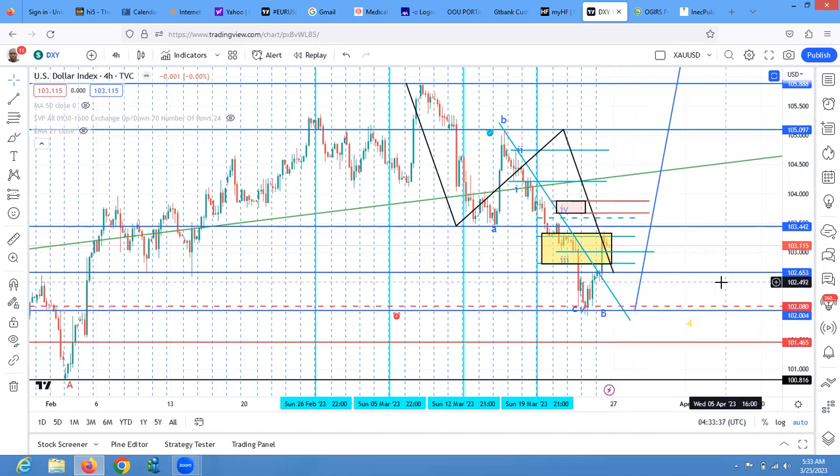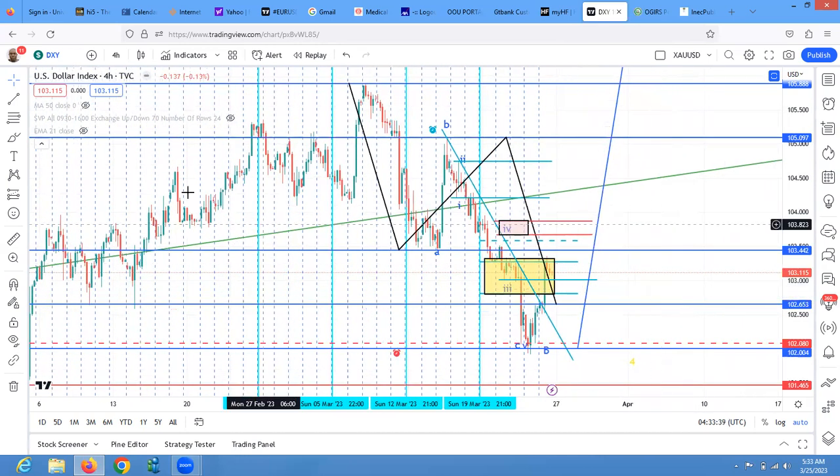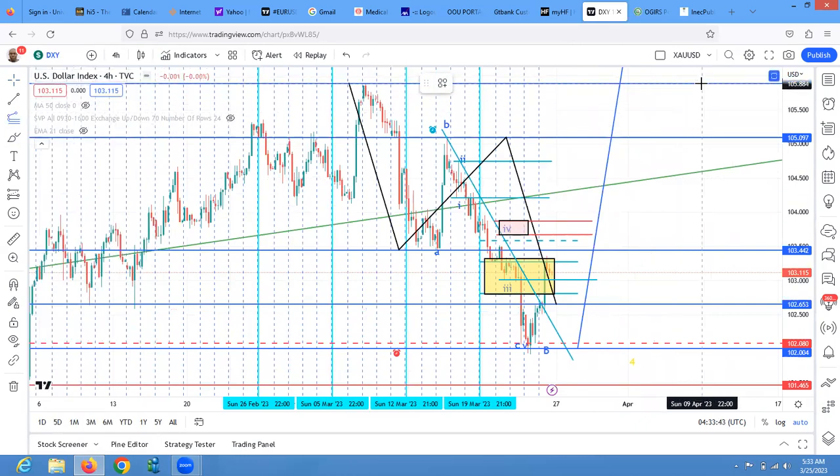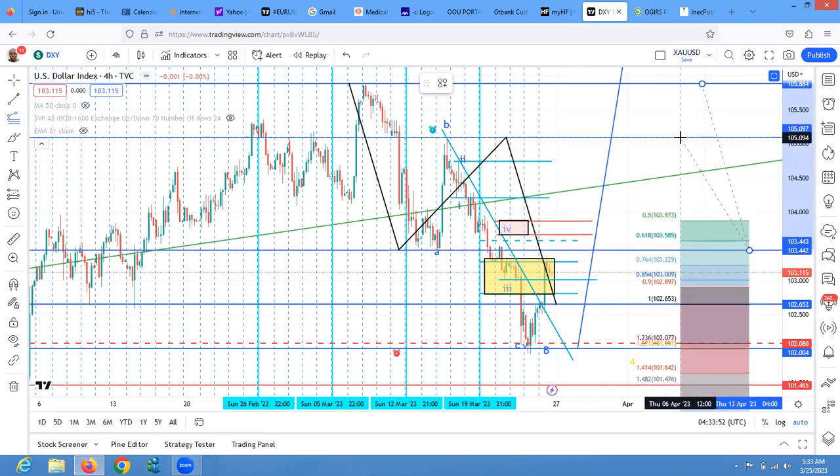So let's look at how I did the extension. From here to the end of A, back to B, because these are where you put your alert for reaction. So this is 100 here, and this is 123 here, at the broken red.